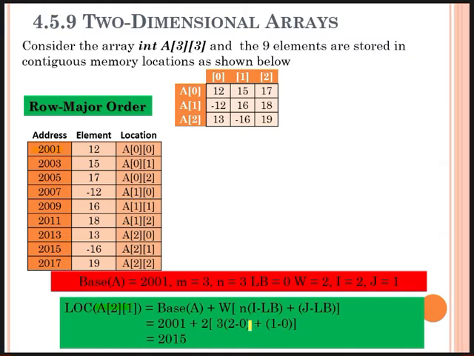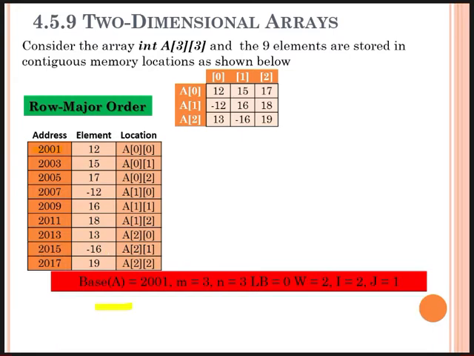After substituting, 2 minus 0 is 2, 2 into 3 is 6, plus 1. So the total becomes 7, 7 into 2 is 14, and adding 14 to the base 201 gives 215. So you see here, for A of 21, the memory address is 215.